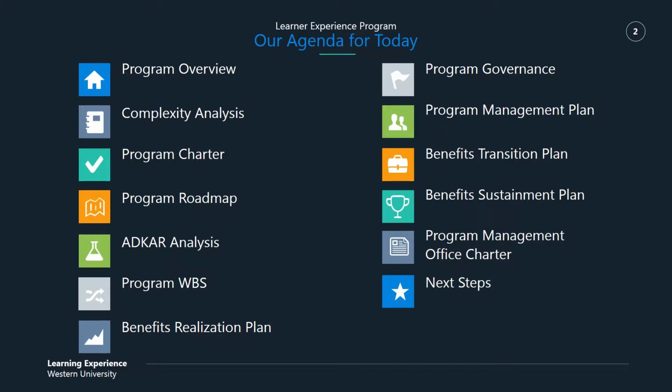So to start with, we're going to go through the program overview, then we're going to go over the complexity analysis, the program charter, the program roadmap, our ADKAR analysis, program work breakdown structure, benefits realization plan, our program governance, our program management plan, benefits transition plan, benefits sustainment plan, and our program management office charter or our PMO charter. And then we'll talk about our next steps.